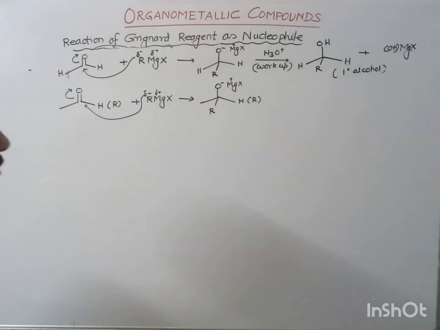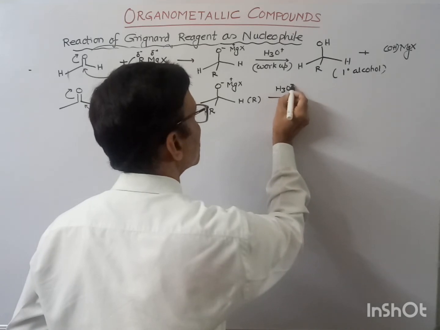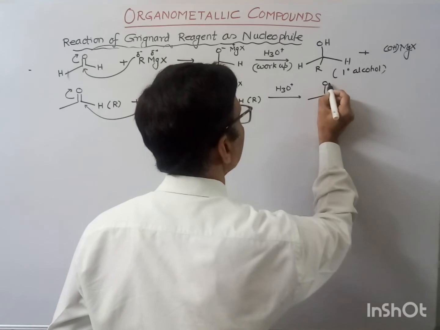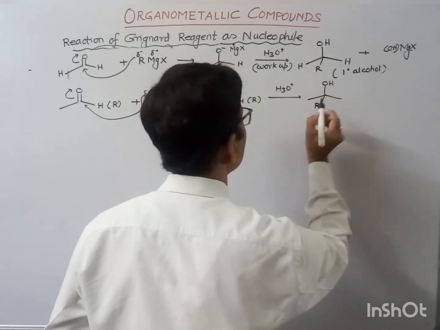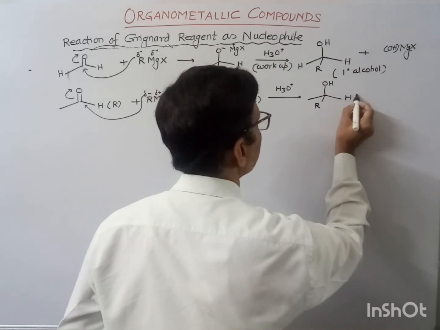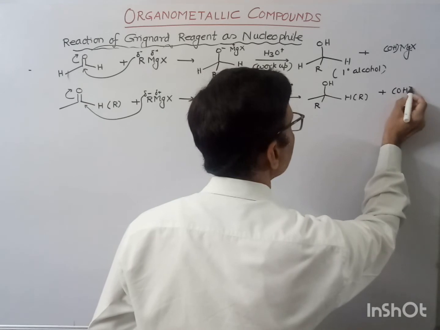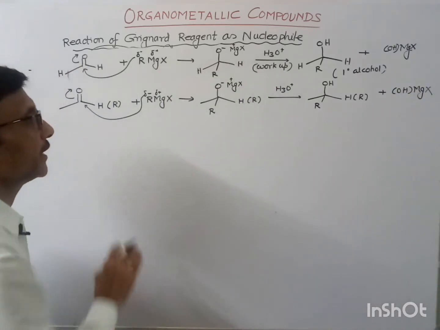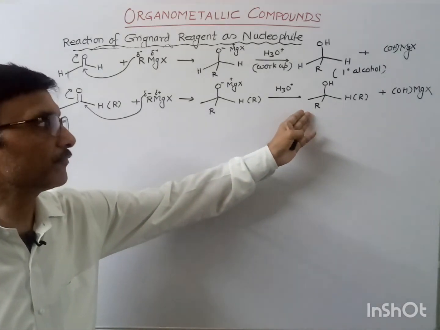Okay, so after this workup, we will get here. So if we have an aldehyde, then a secondary alcohol would be formed.